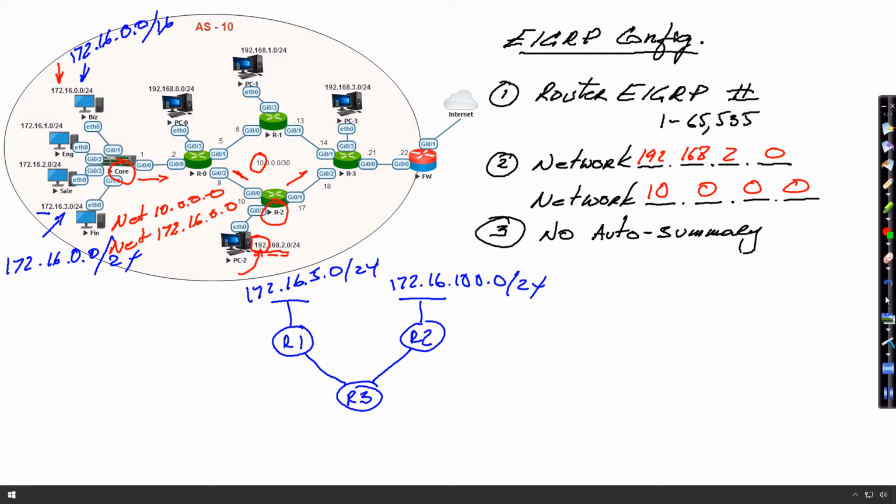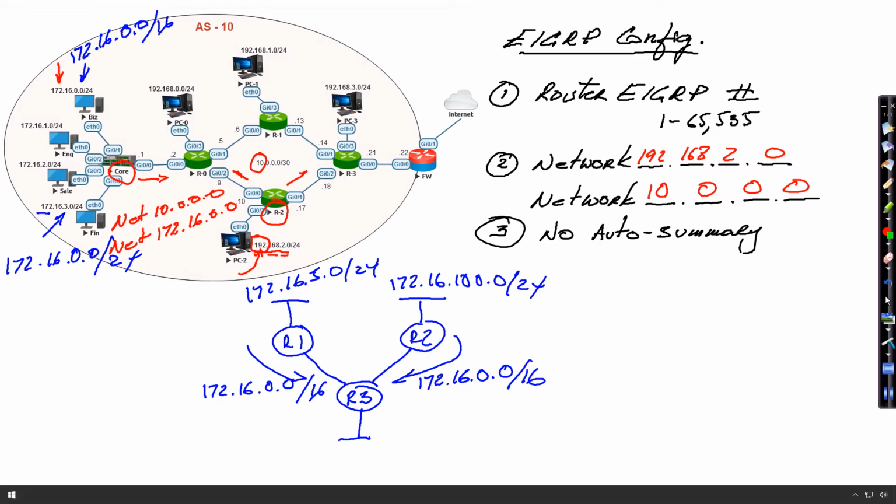With auto summary turned on, router 1 will send router 3 a summary address of its network, and that is 172.16.0.0/16. And router 2 will also send router 3 172.16.0.0/16.